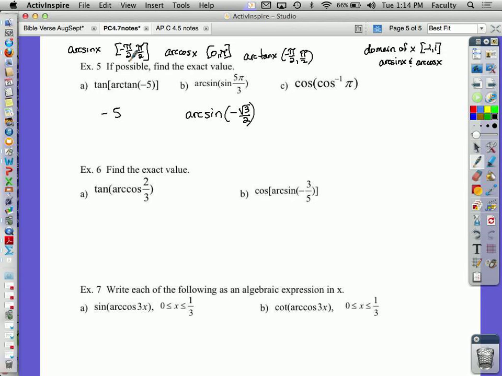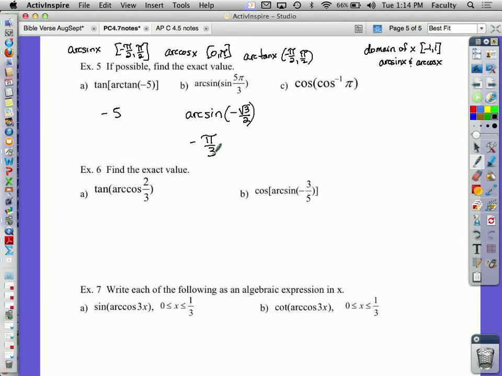So I'm looking at a fourth quadrant, but a negative rotation from that x-axis. Does anybody know what's arc sine negative radical 3 over 2? Anybody? Good. Negative pi over 3.